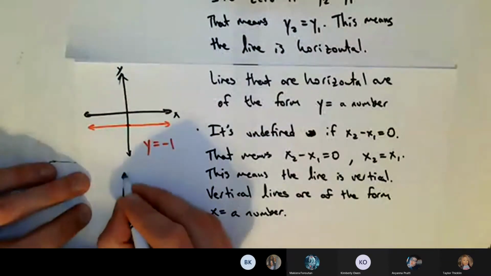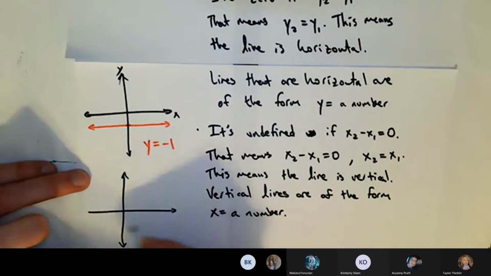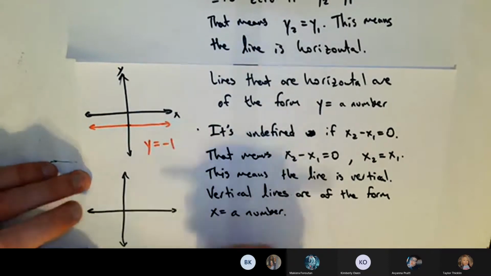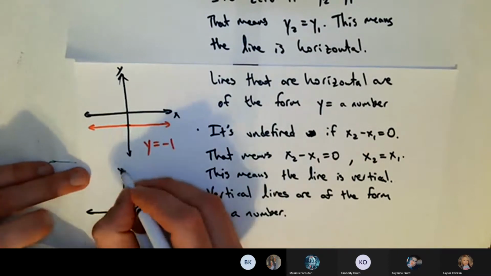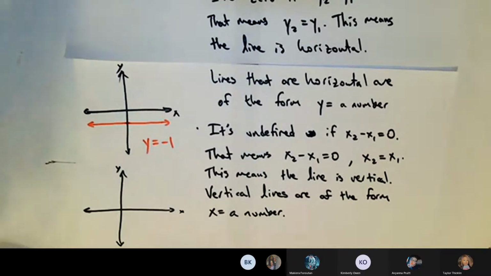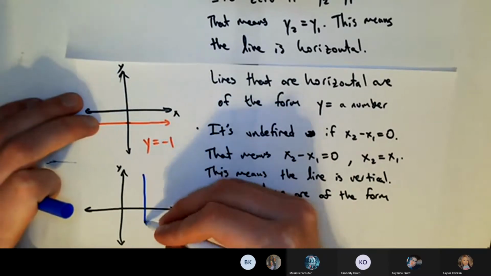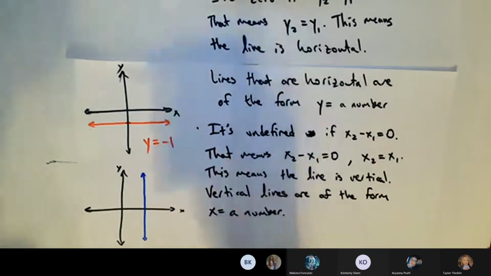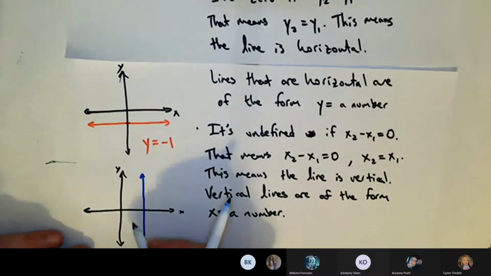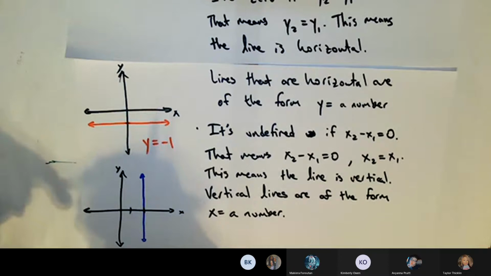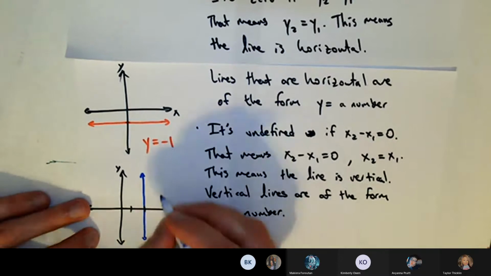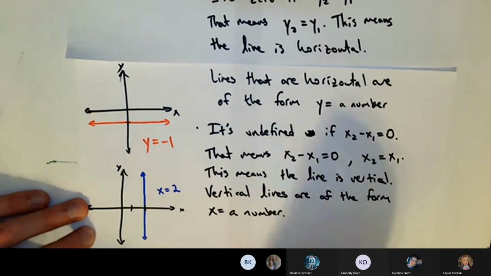And then here, for a vertical line, here's x and here's y. Say I had a line over here, and let's pretend that that's at 2. So 1, 2 there. Then this line would be x equals 2. That's it.